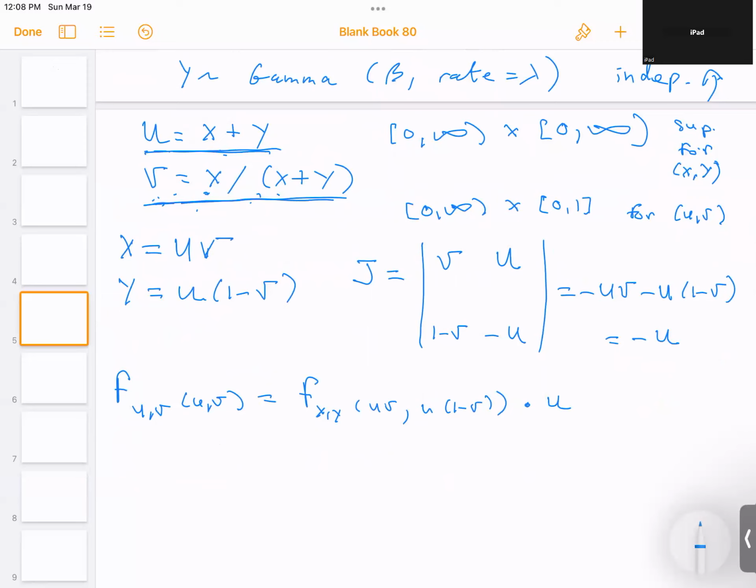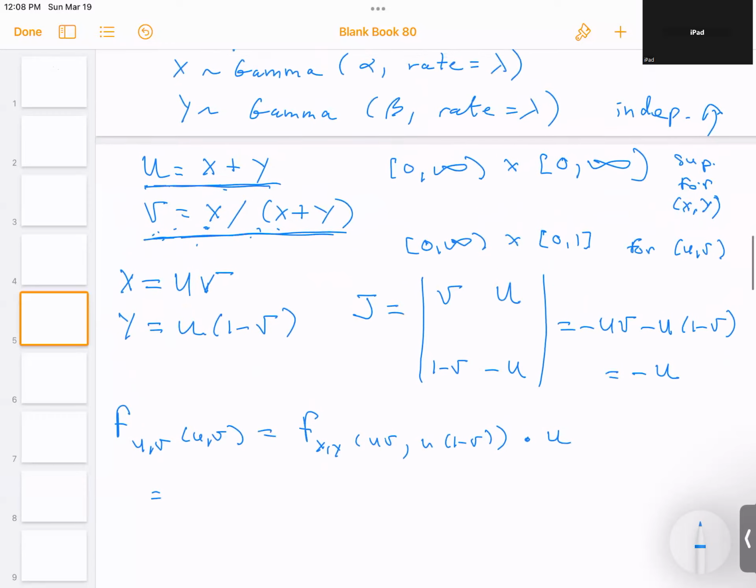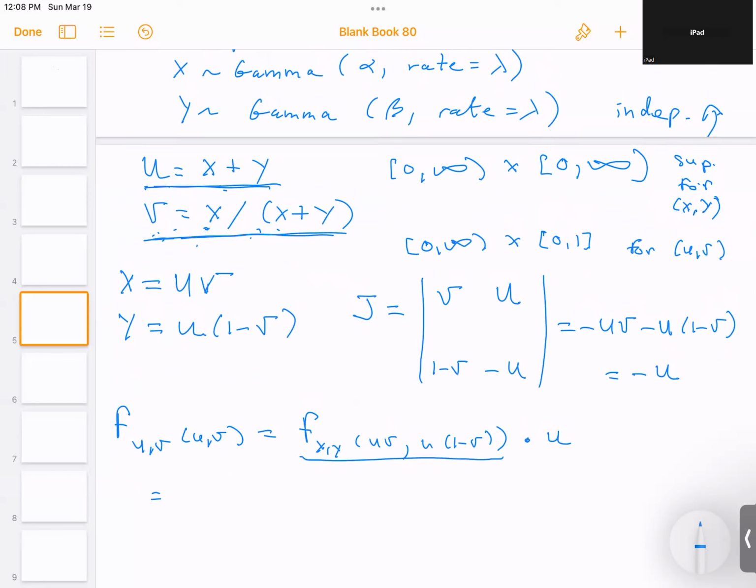If I know this, which I do, I have independent gammas and I know the parameters, so now let's write this down. What do we have? Remember, since these are independent, I can just write this as the product of the marginal PDFs. So the first one is gamma alpha, lambda to the alpha. Let's write it a different way.